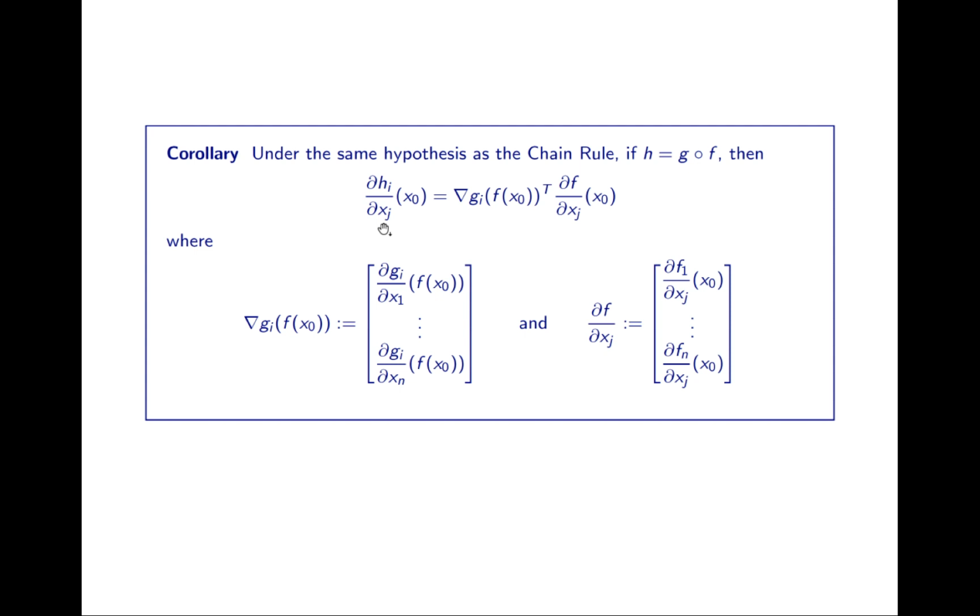Well, by using the linear algebra and the chain rule, it's equal to this inner product of the gradient of gi and the derivative of f with respect to that single variable xj. So this is a vector: it's the derivative of every entry of f with respect to the same coordinate xj. This vector dot product with this vector gives me this partial derivative.